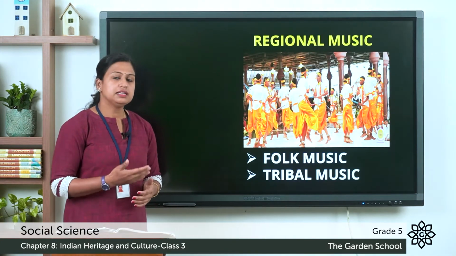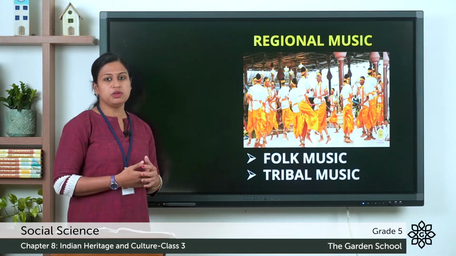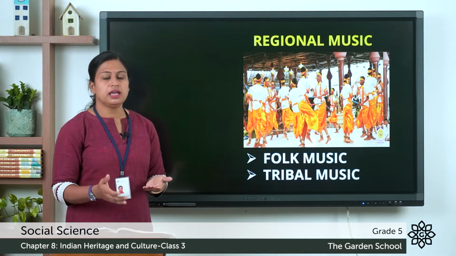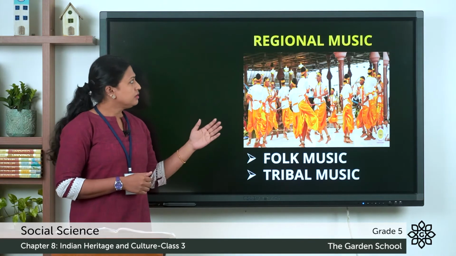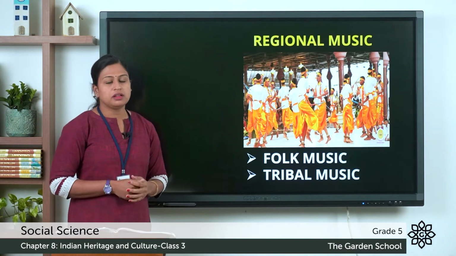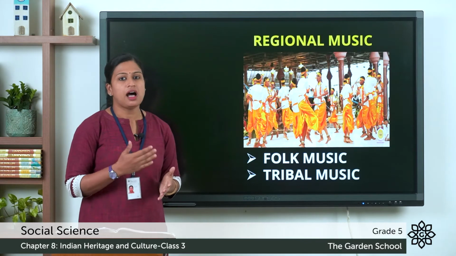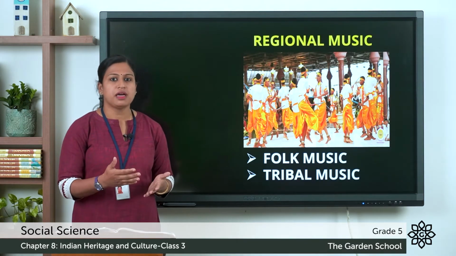Other than Indian classical music, India is famous for its regional music. Regional music refers to a particular region and it differs from one region to another. There are folk music and tribal music. Folk music is played while celebrating harvest festivals and life events like births and marriages.